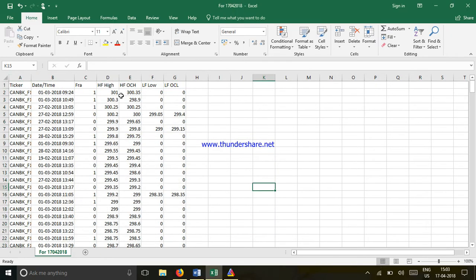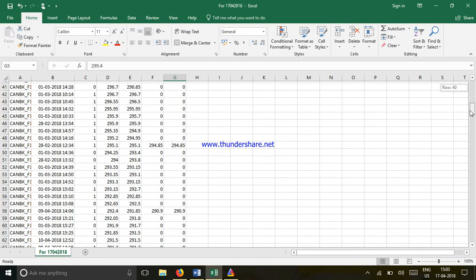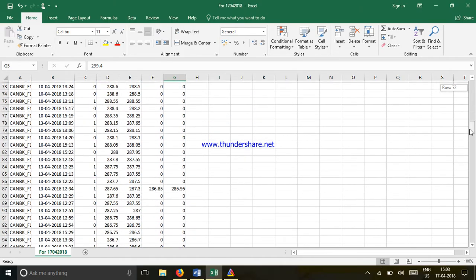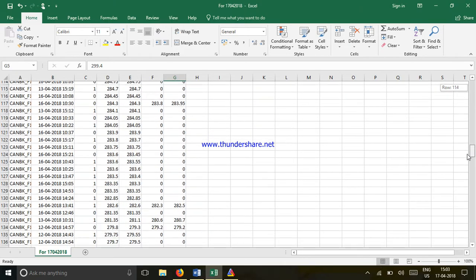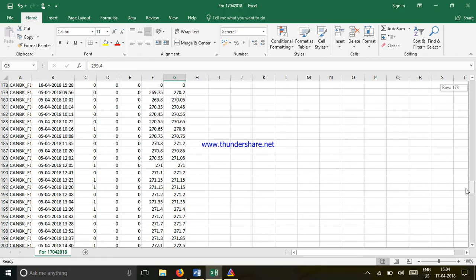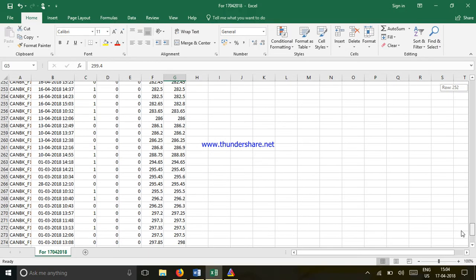Now these are all the high or low fractals. This is a range of high fractals, this is a range of low fractals. All these are arranged by their values, high to low on the high fractal side, and low to high on the low fractal side.